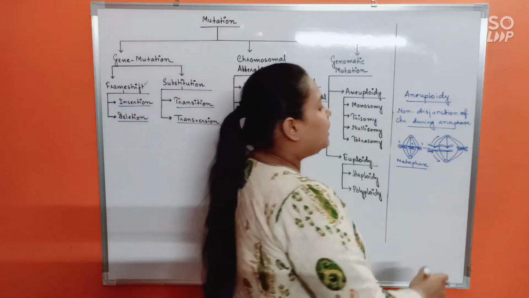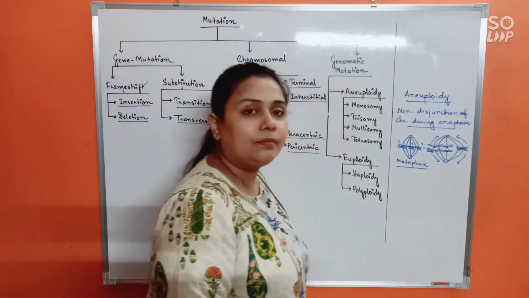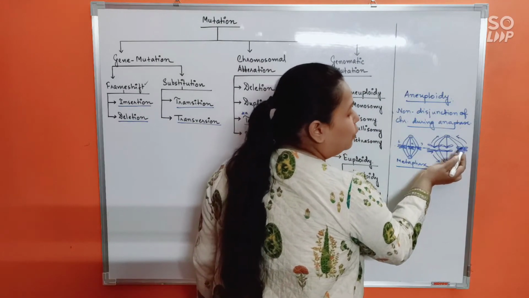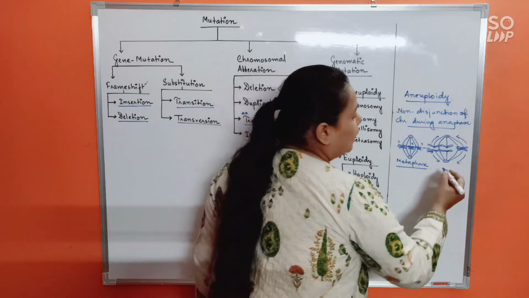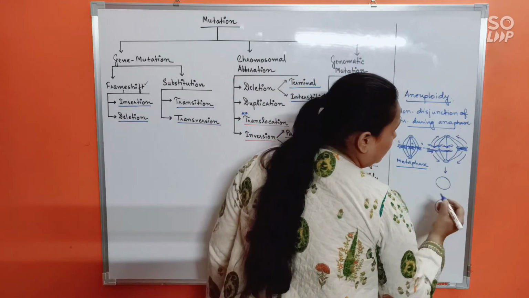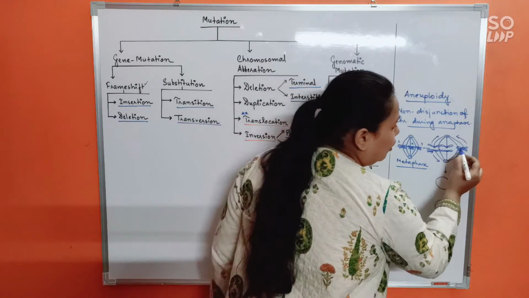If it is not splitting in its centromere, what will happen? The whole chromosome, that means both the chromatids, will move towards the opposite pole. So towards this pole, when a nucleus is newly formed, it will have one extra chromosome.